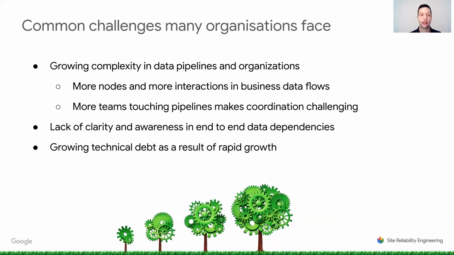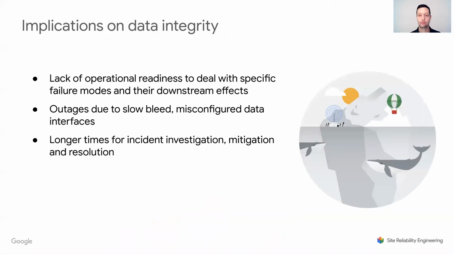This question can be challenging at times in larger organizations. This poses additional threat and data integrity risk. As a result, teams see a decrease in operational readiness to deal with specific classes of outages and their impact on dependent data consumers.